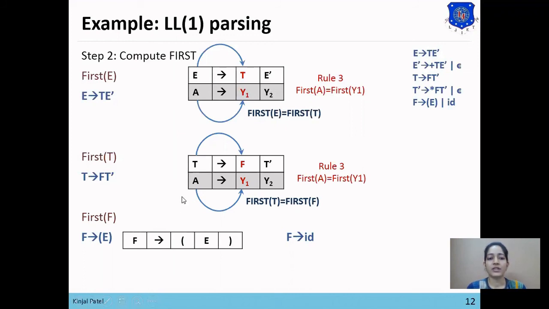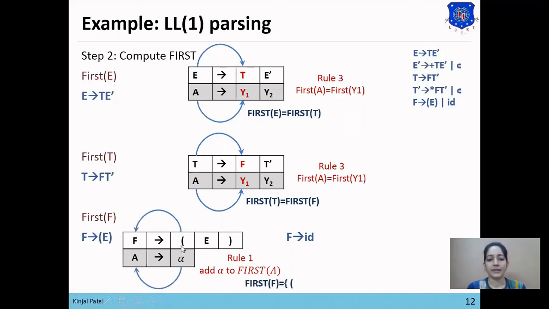It matches the first rule, which says that if there is a terminal symbol at the first position, then that terminal symbol will be added into first of F. So the opening bracket will be added into first of F. Then we'll check the second production of F, which is F produce ID.